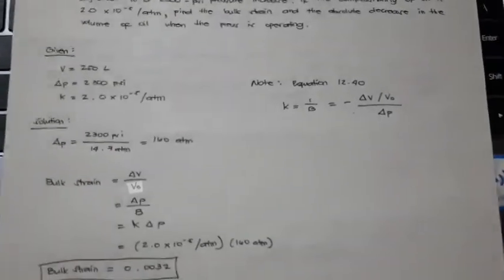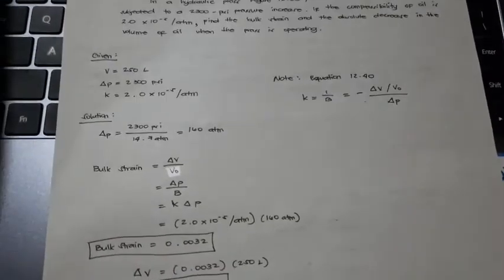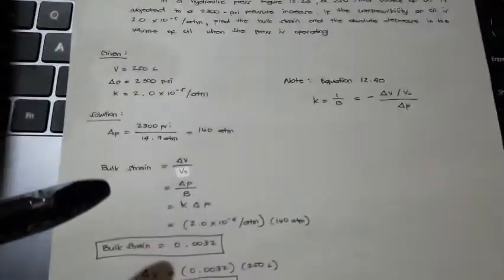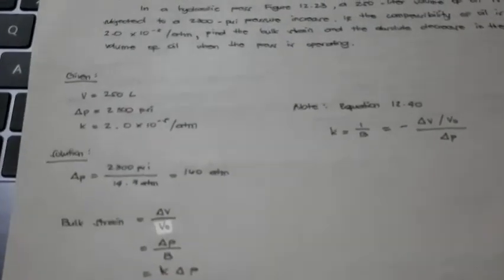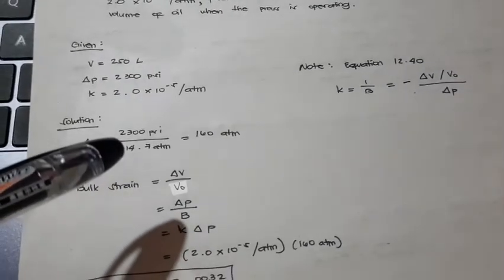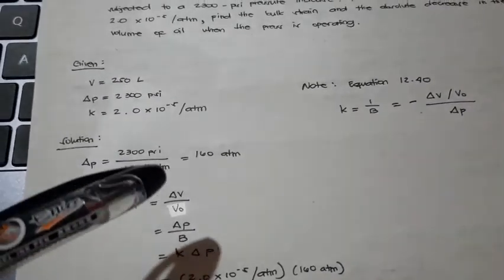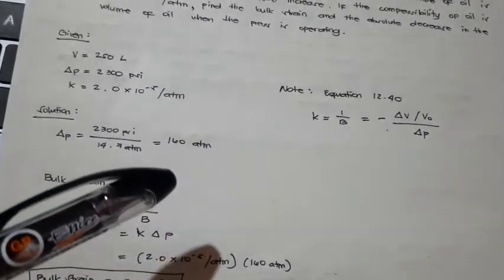To find the bulk strain, we need to convert the pressure increase from PSI to atmosphere. So we just divide by 14.7 atmosphere, and this is equal to 160 atmosphere. That is the atmosphere increase.